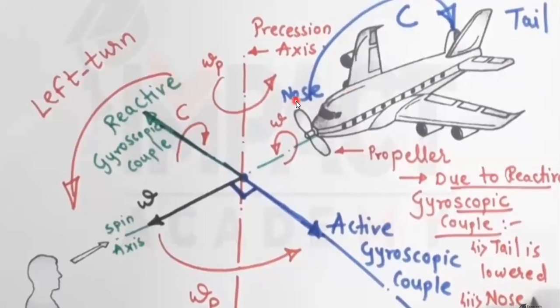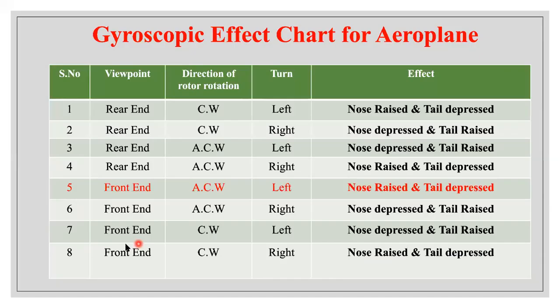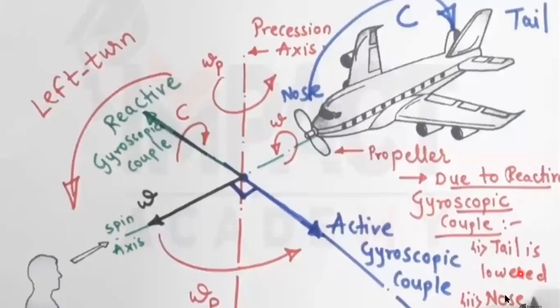This end is called the nose end or front end. We are viewing from the front end. Direction is anti-clockwise, and the turn is left. So the effect is that we'll be getting nose rise and tail depressed. That's what we got: nose rise and tail depressed.